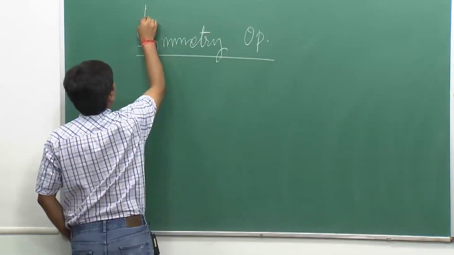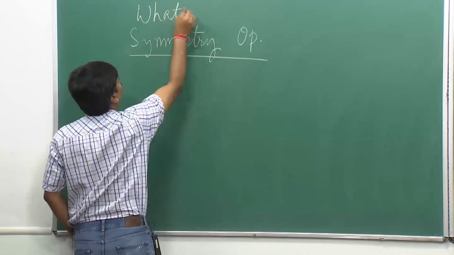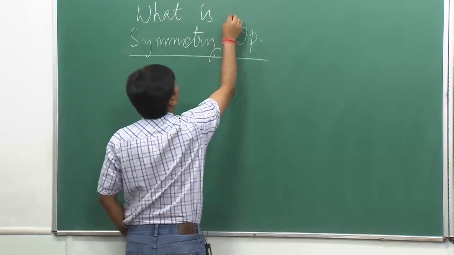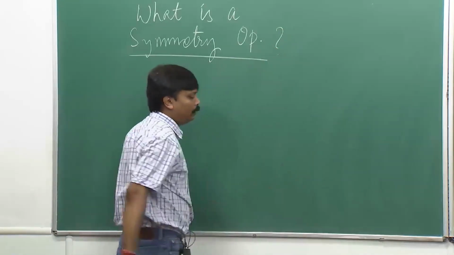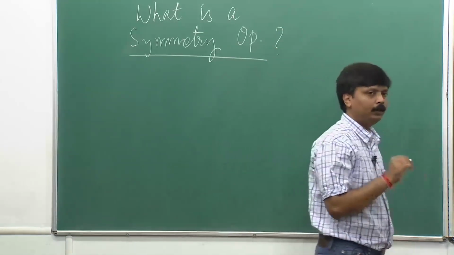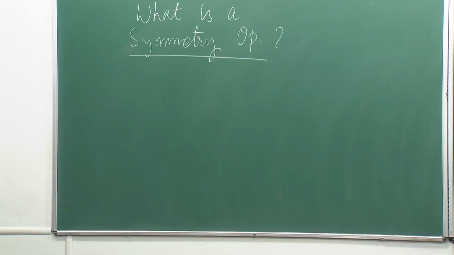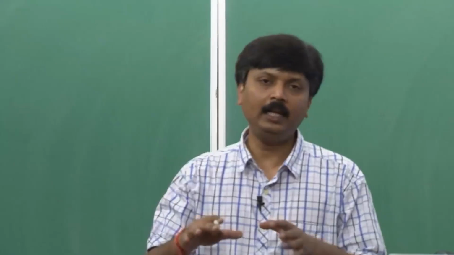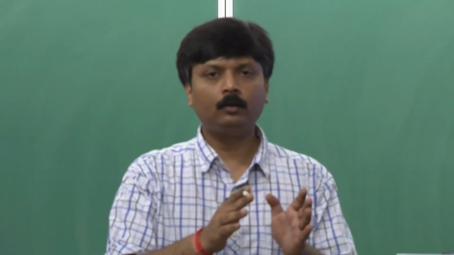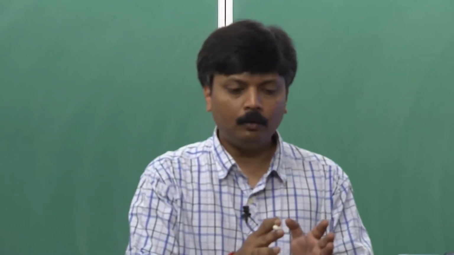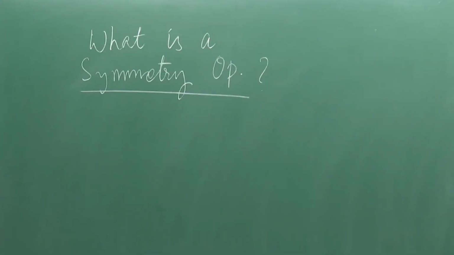Okay, so what is a symmetry operation? That's our question. A symmetry operation is a movement by which any object can go from one configuration to an equivalent, or even identical, configuration.